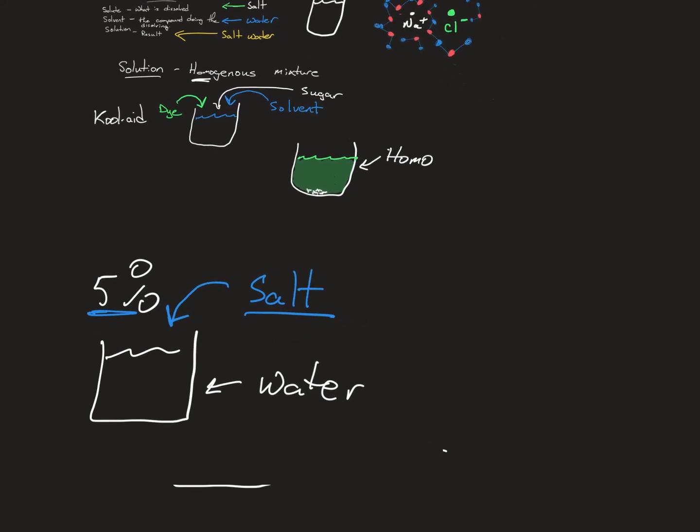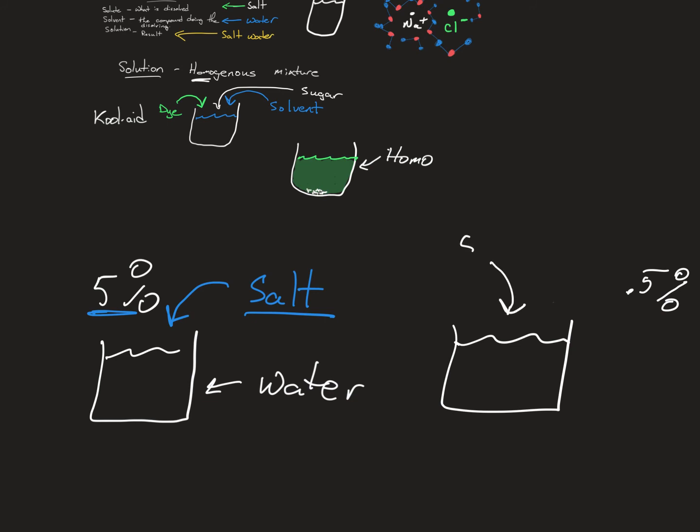That amount is going to be more than the 0.5% solution where you added salt to it. Does that make sense? Because salt is a solute and water is a solvent.